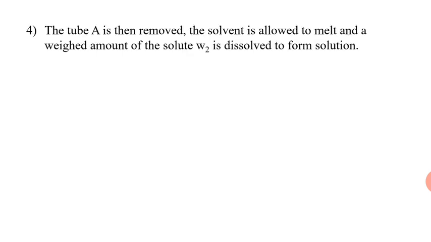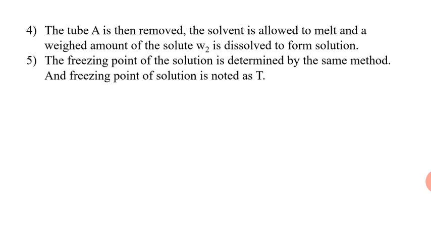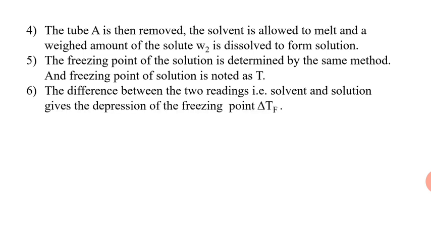Now, tube A is removed and the solvent is allowed to melt, and a known amount of solute W2 is dissolved to form the solution. The freezing point of the solution is determined by the same method and is noted as T. The difference between the two readings, that is solvent and solution, gives the depression of freezing point, that is delta TF.